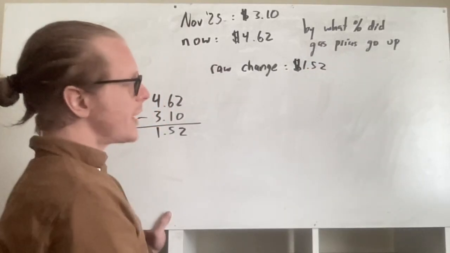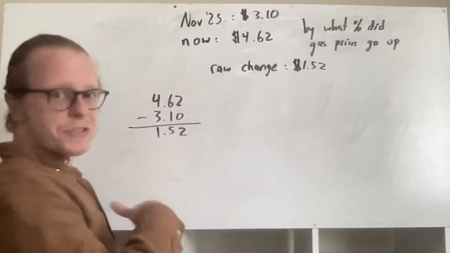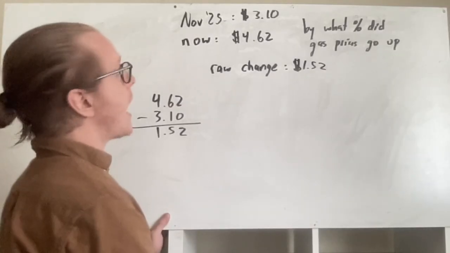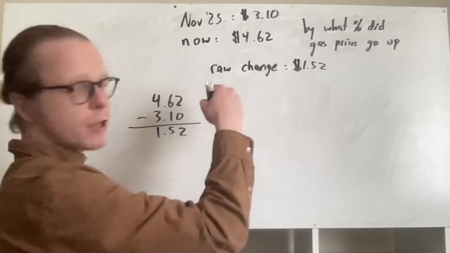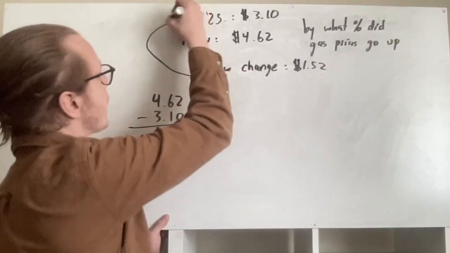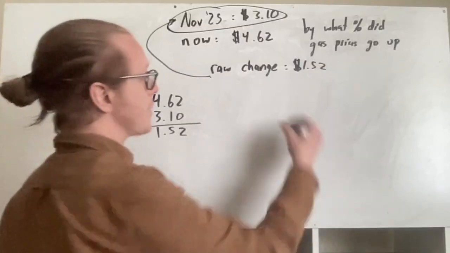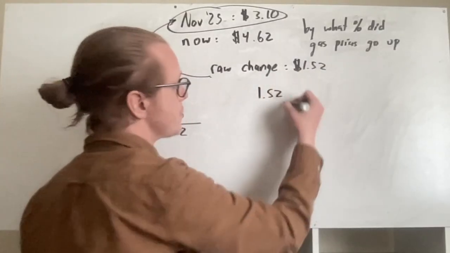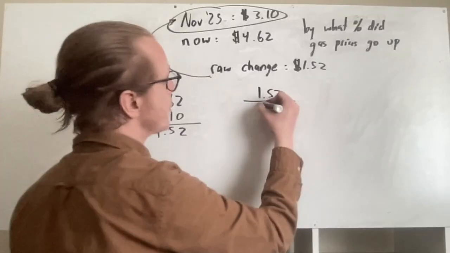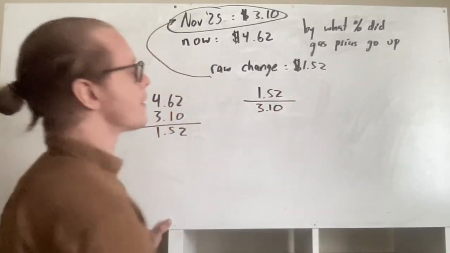Now, if I want to figure out what percent increase that represents, I need to compare it to my original amount. Which one's my original amount? This one, right? Where we started. So I'll say, all right, 152 out of 310, okay?